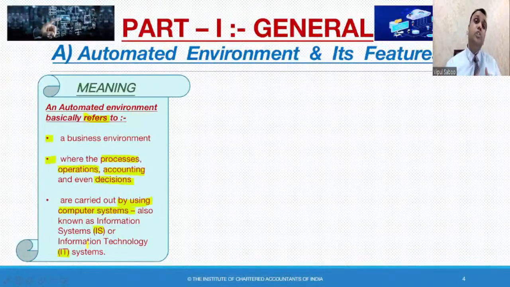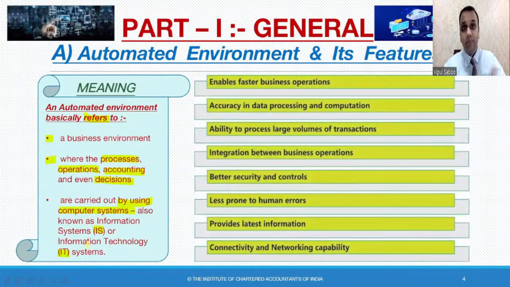Now, what are the features of an automated environment? So an automated environment enables faster business operations. Let us take an example. If we see it on our public places, railway stations, malls, and even airports as well, the escalators.